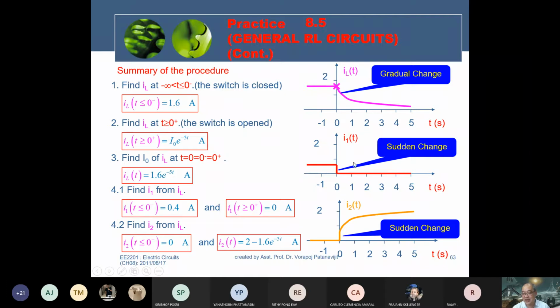But for other quantities, such as the current flowing in the switch or in the resistor, they can change suddenly, from 0.4 amp to 0 amp immediately, or from 0 to 0.4, and after that gradually change. That's possible, but for the inductor current, it cannot.